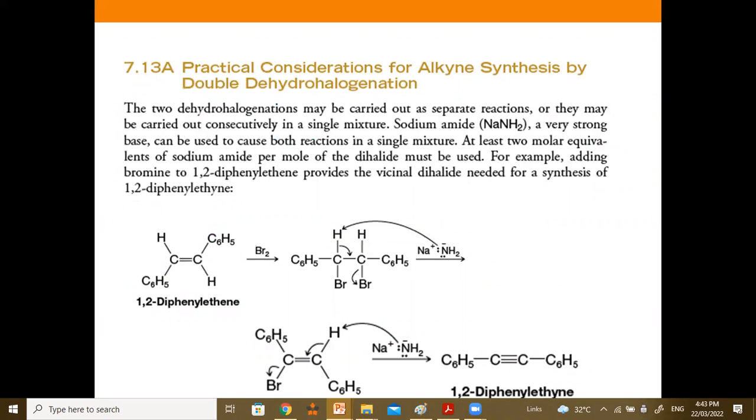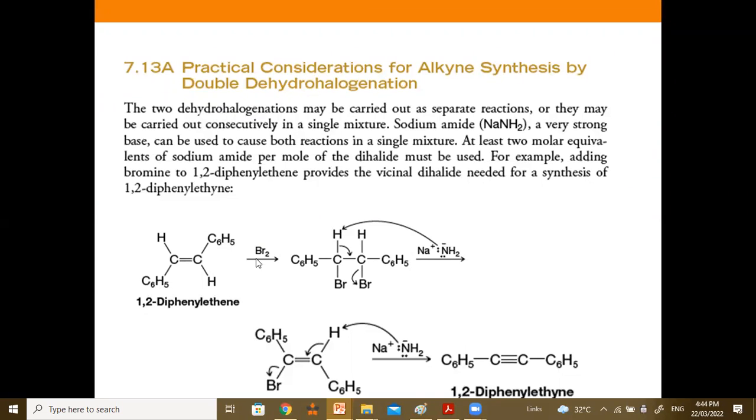I'm not sure if we have already discussed that, but in case we haven't, here is an example of how to prepare our alkynes by double dehydrohalogenation reaction. We have our vicinal dihalides. Okay, so if, for example, we have an alkene and we don't have a vicinal dihalide, the first step is the preparation of our vicinal dihalide.